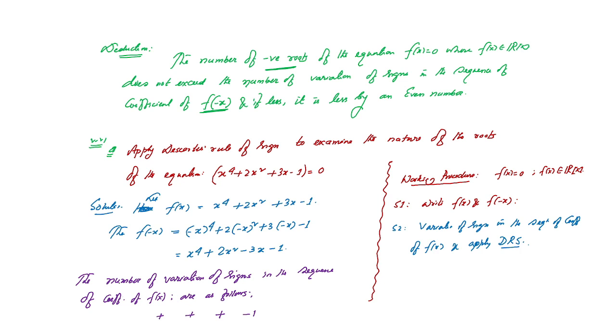Okay, so you write here the variation of sign in the sequence of coefficients of f(x) are as follows.